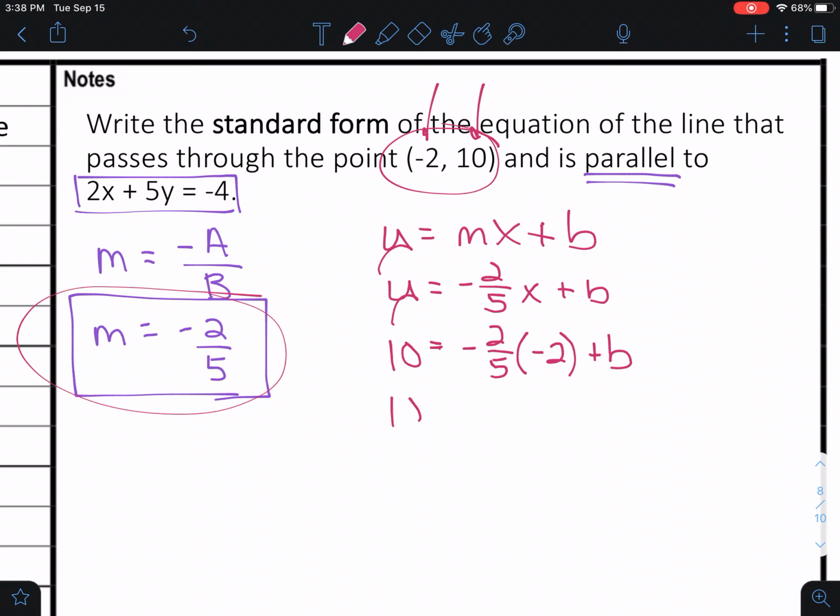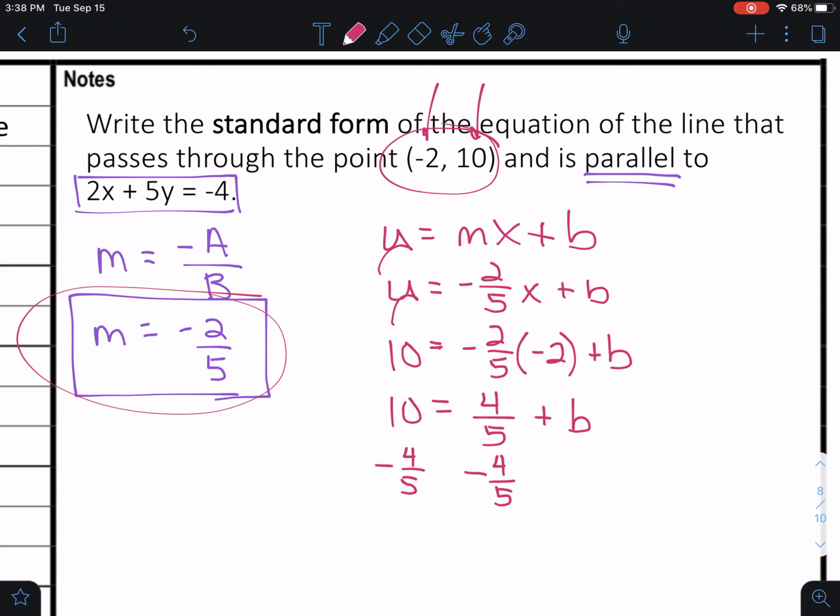So I have 10 equals 4/5, negative times a negative is a positive, plus b. Okay, now if you're not super awesome at this with fractions, you know right now that you just need to go minus 4/5 from both sides and get what you got right there.